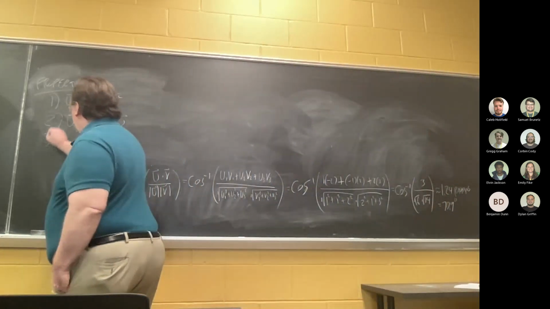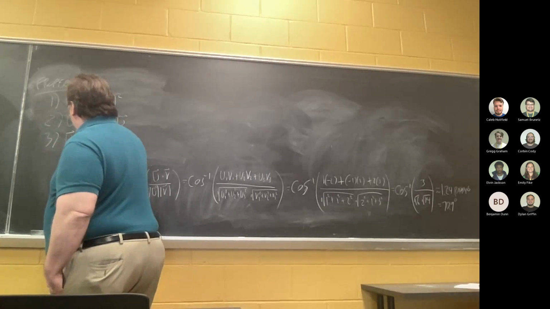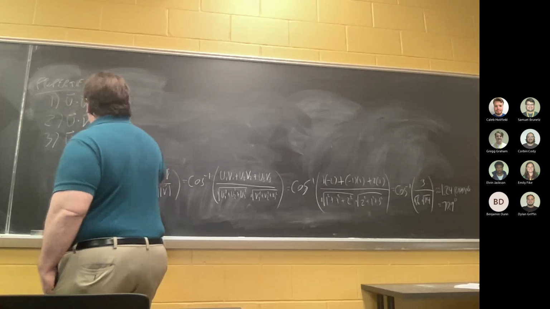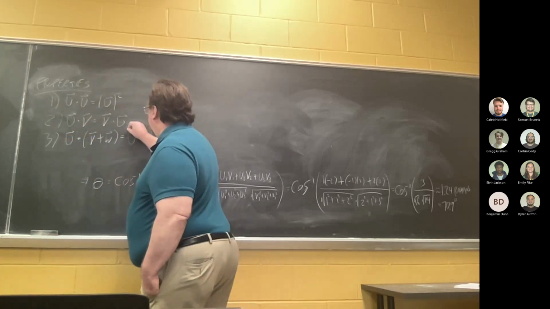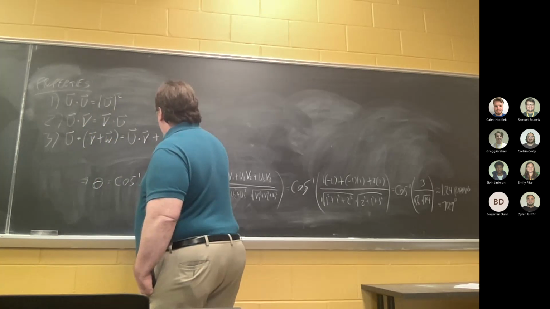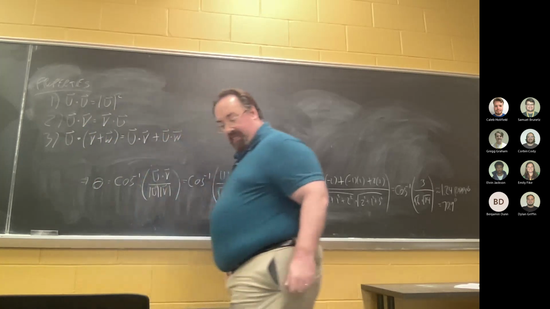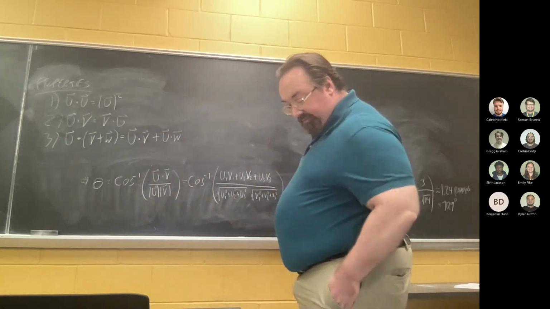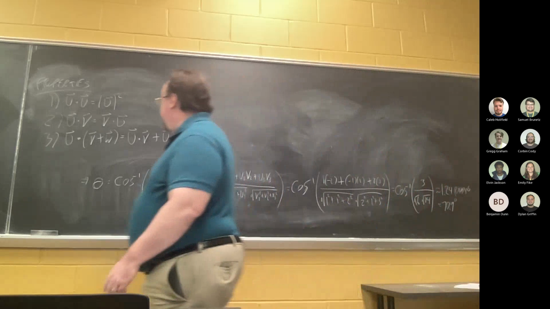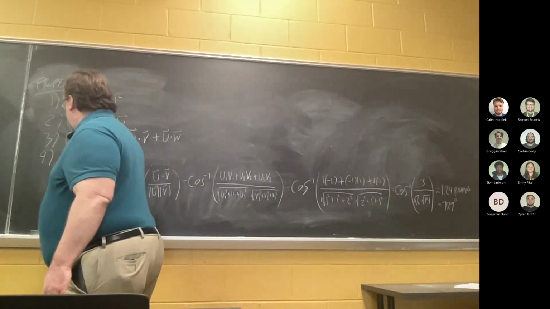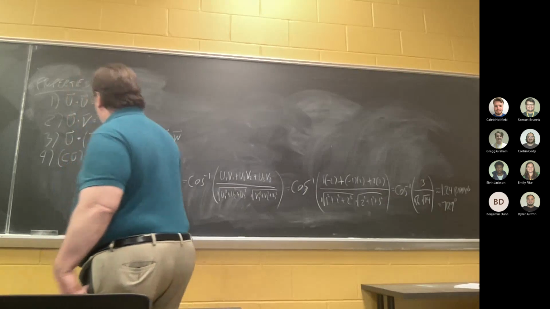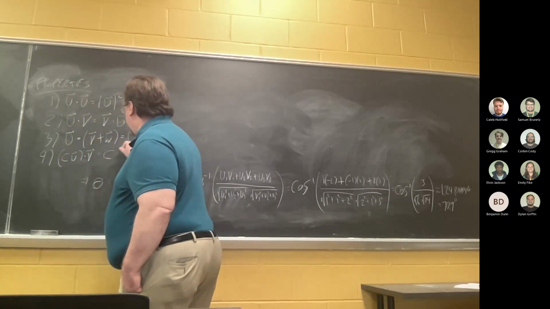We have a distributive law: U dot product with the sum of vectors is the sum of the individual dot products. If you scale a vector, then take a dot product with another, you can actually pull the constant out.